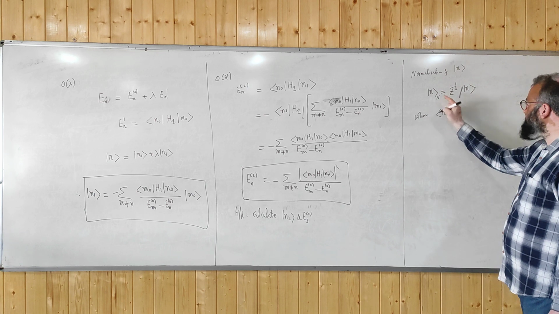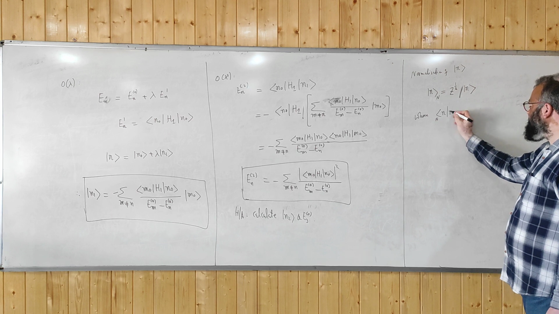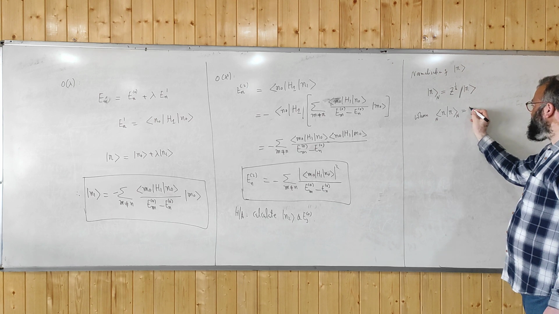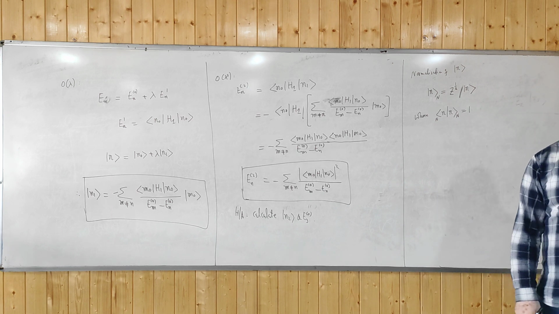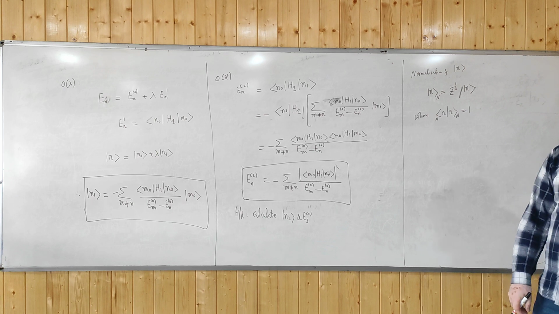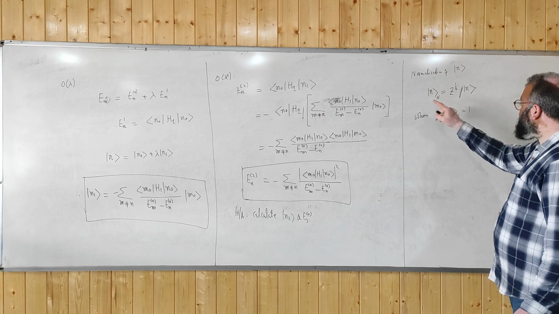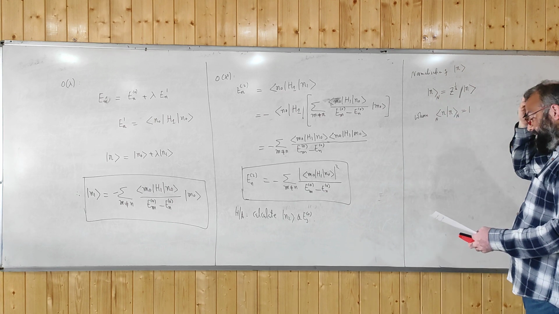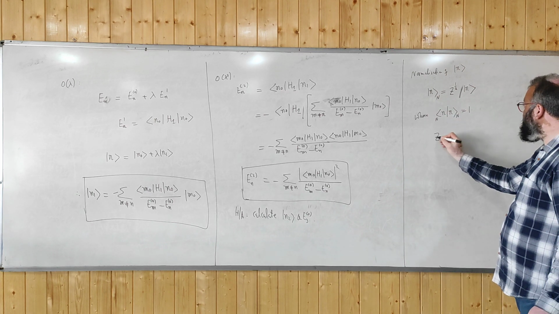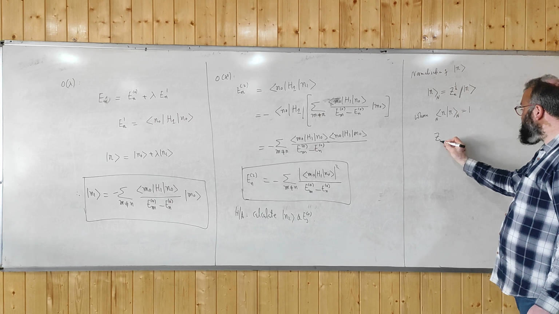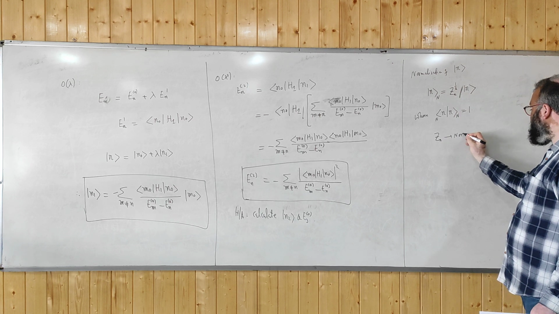I am saying if this is normalized, this has to be equal to 1. So what is this Z? Let me write an n here. So this Zn we call a normalization constant.